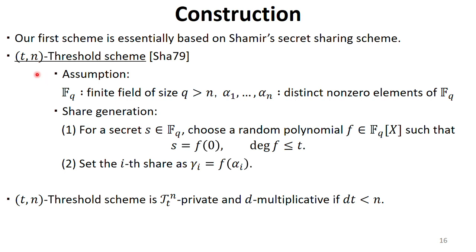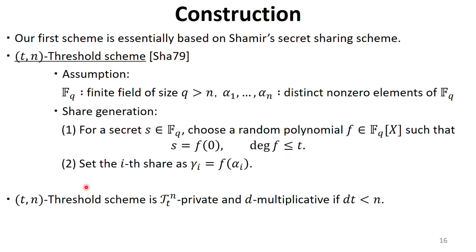Assume that the field size is greater than n, and fix n distinct non-zero elements of F_q, alpha 1 to alpha n. So to share a secret s, we first randomly choose a polynomial f such that the value at 0 is equal to s, and the degree is at most t.